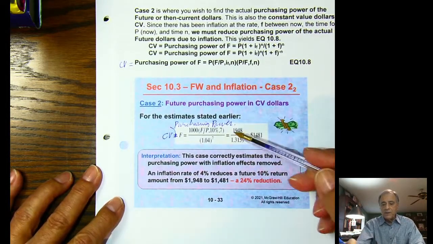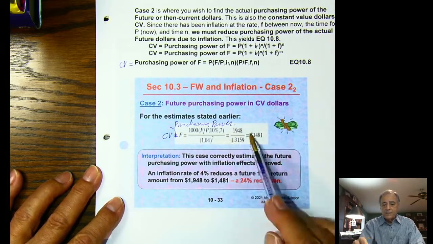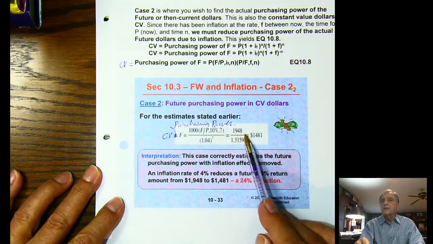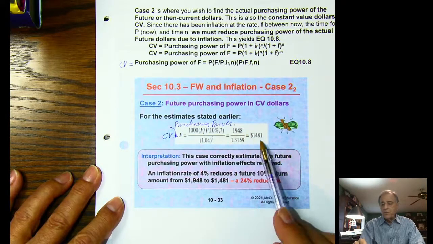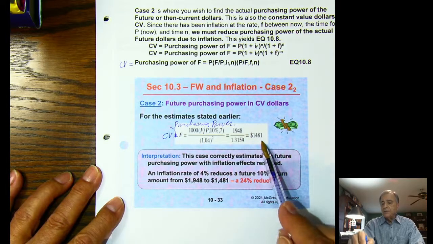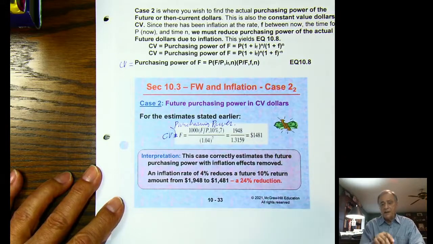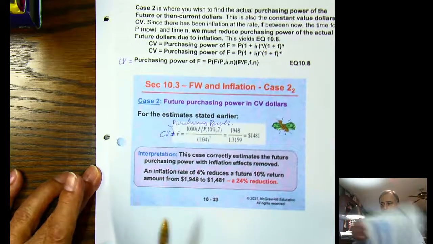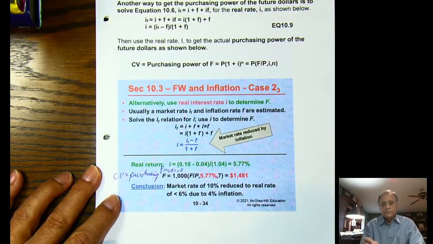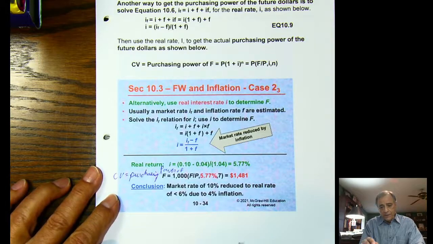We used the market rate to get $1,948, but they'll only buy that many dollars worth of goods and services if you were using your money now to buy those goods and services. So this is still more than $1,000.